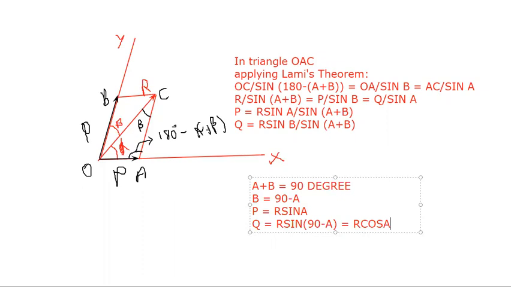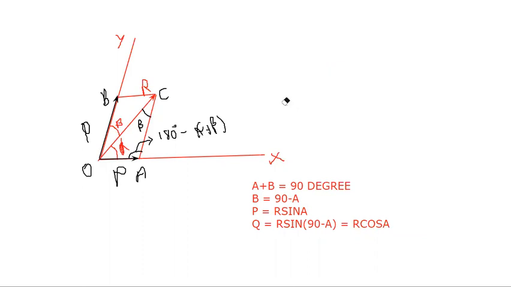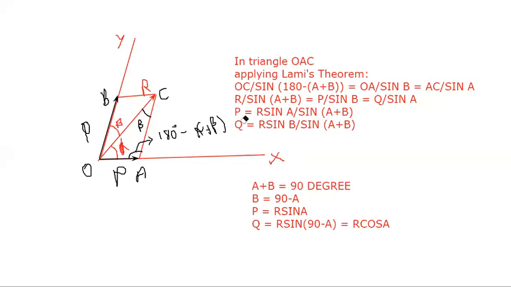Some mistake. P should be R sine beta, right? My mistake. That's why the results are not coming.